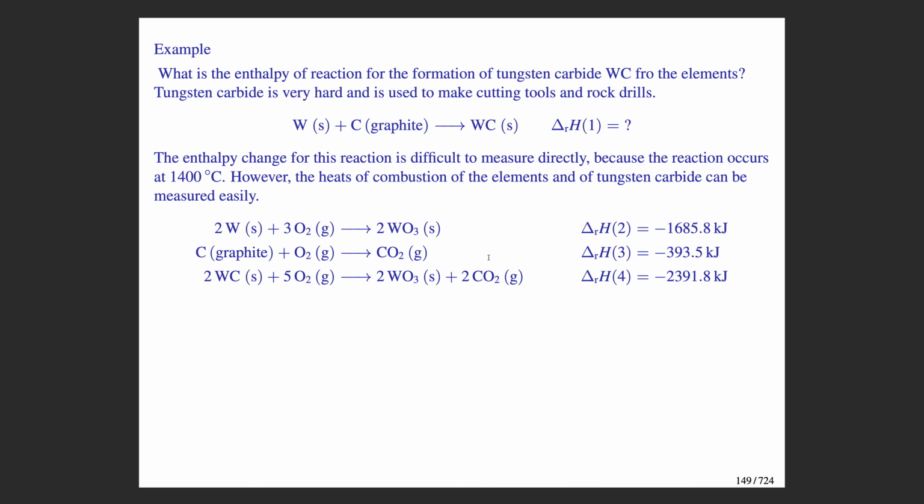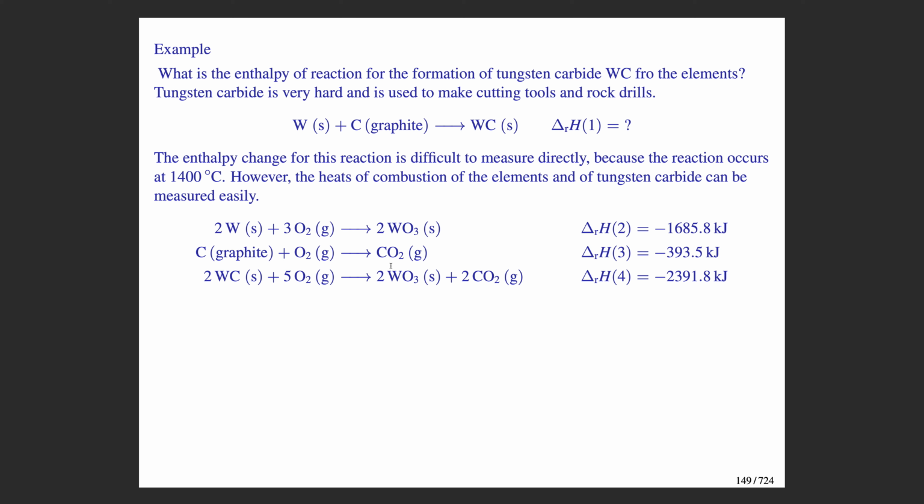We've got 4 reactions. Reaction 1 is our unknown. It involves the formation of tungsten carbide. And then we've got a series here of reactions that are known: combustion of tungsten, combustion of graphite, combustion of tungsten carbide.